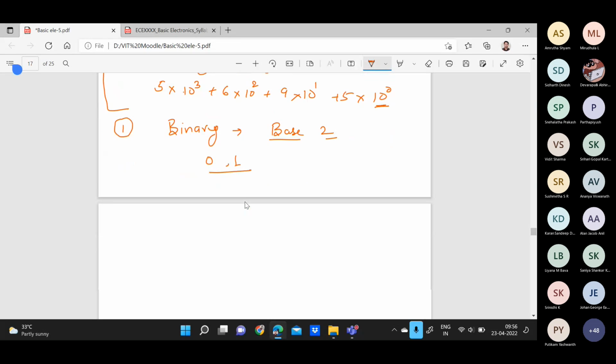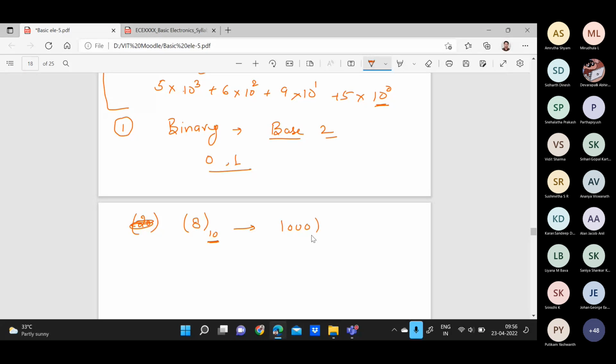For example, starting with a very simple number, suppose 8 is the number in decimal. You have to see the base; the base says it's a decimal number. I can represent it as 1000 in the binary number system. I will tell you how to convert this number to binary, but the base is very important.